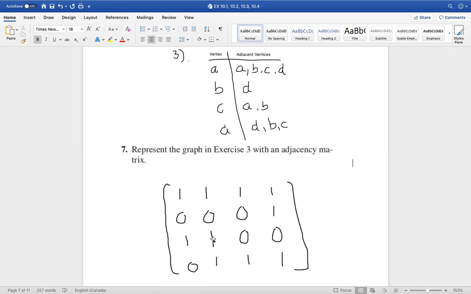It's adjacent to vertex B, we put 1. It's not adjacent to C or D, therefore we put 0. Likewise for vertex D, it's not adjacent to A, so we put 0 for A, but 1 for the other ones.